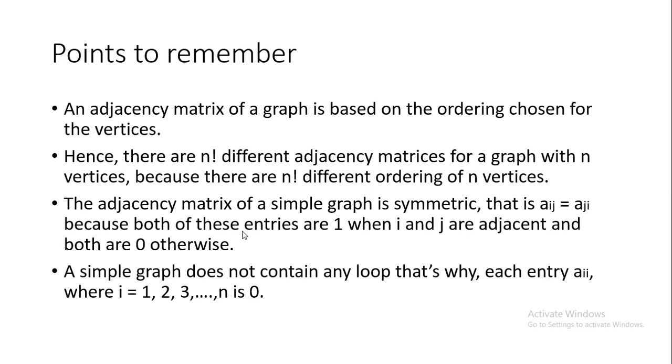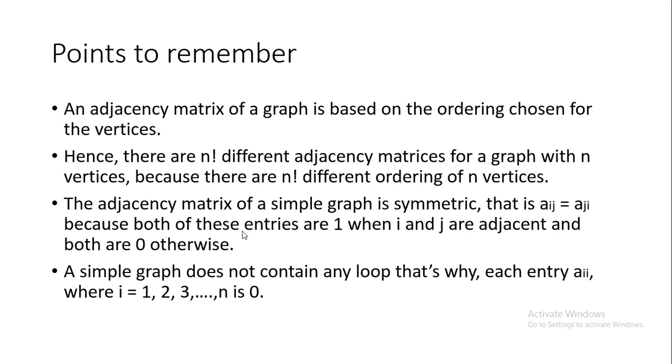There are some points you have to remember because of our earlier discussion. See here, an adjacency matrix of a graph is based on the ordering chosen for the vertices. Definitely, because it is based on the order you have chosen.